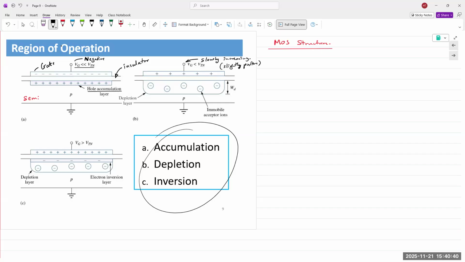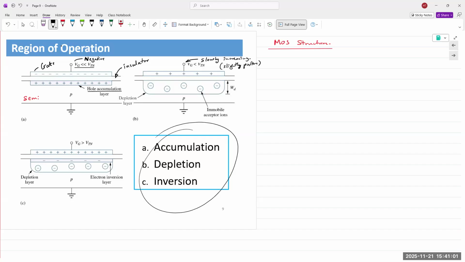Slightly positive. At one point, the holes that were accumulated are going to be pushed away because now the voltage is turning slightly positive. So that positive voltage is going to push away all of those accumulated holes.